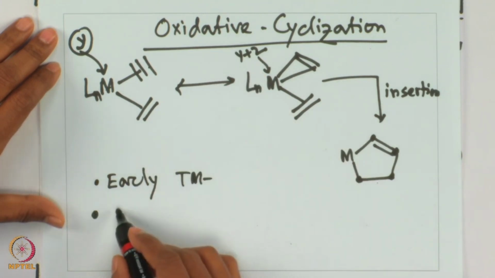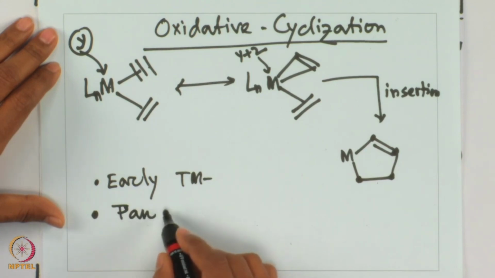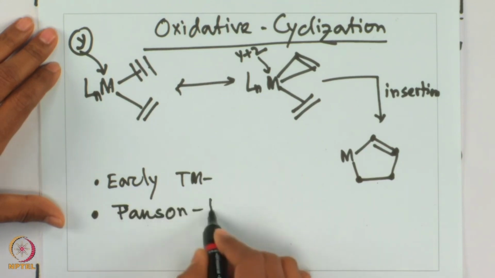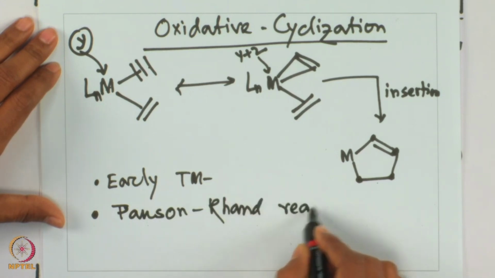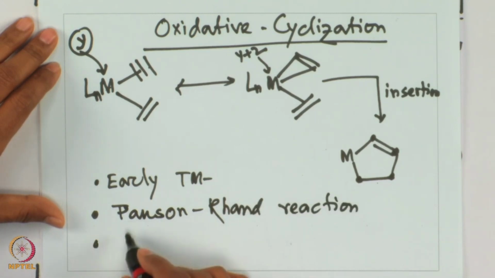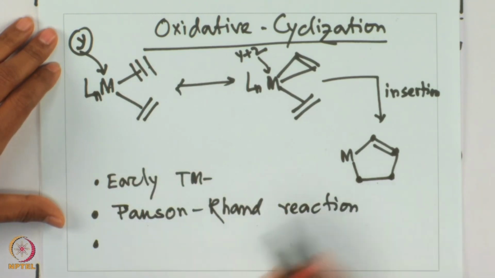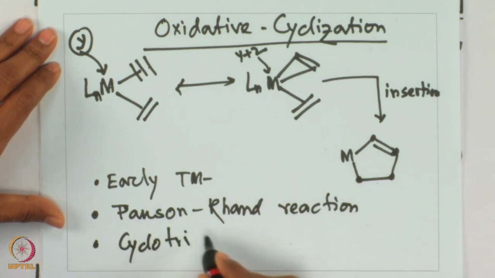Of course, another important thing we can discuss in this banner is the Pauson-Khand reaction. That is a very powerful technique, and a lot of natural products are synthesized by utilizing this technique. Not only two partners, we can also have three coupling partners, so we can have cyclotrimerization by utilizing this technique.